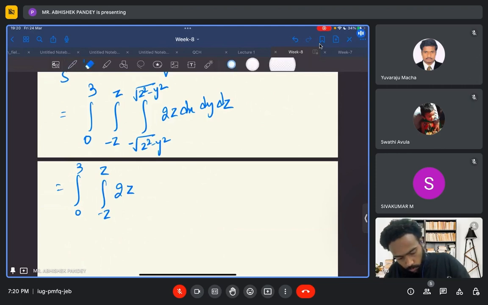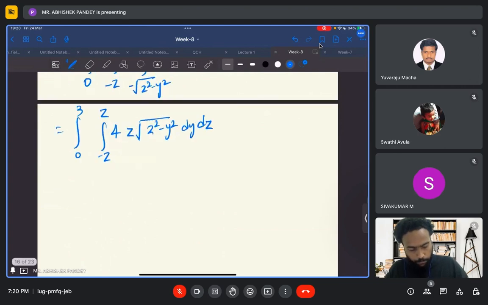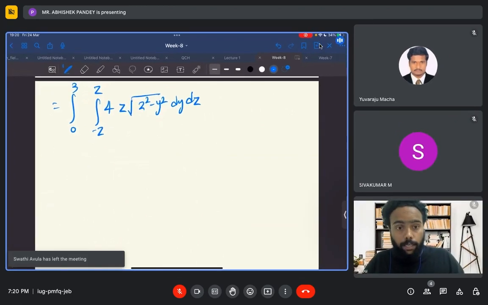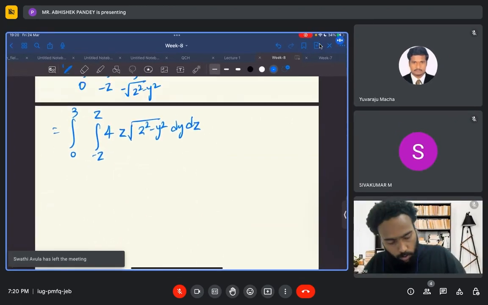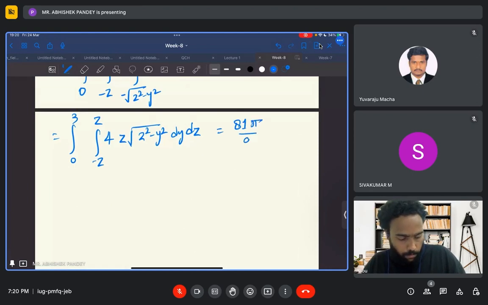So this will be 4 root over z square minus y square, this is your dy and dz. Okay, so this is again the a square minus y square formula. So once you solve this, you will get 81 pi by 2.